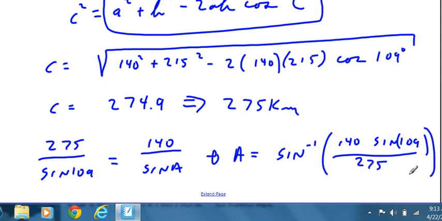Arc sine, 140 times sine 109 divided by 275, close parentheses.